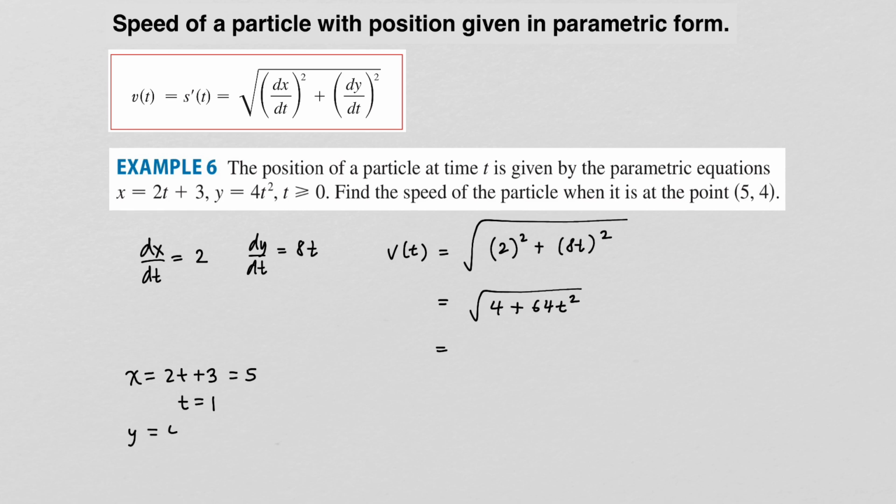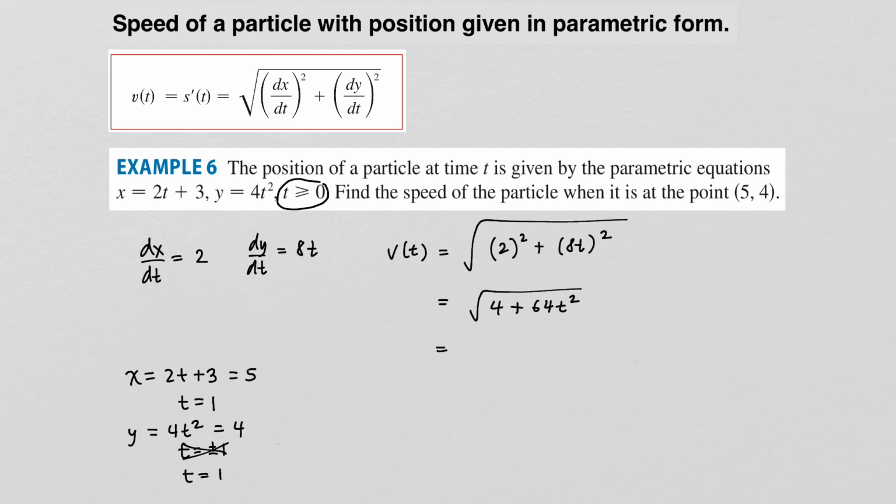Likewise, y is equal to 4t squared. And in this problem, they tell us that y is 4. So if we set this equal to 4, we can also solve for t here, which will give us plus or minus 1. But we need to remember that t can only be positive, right? Because they tell us that right here.